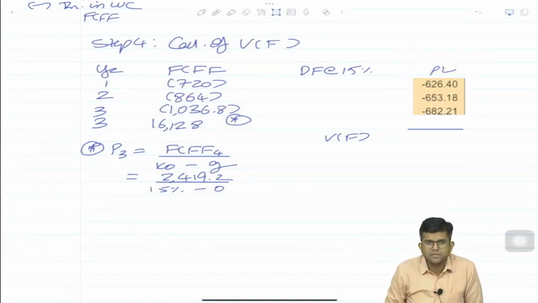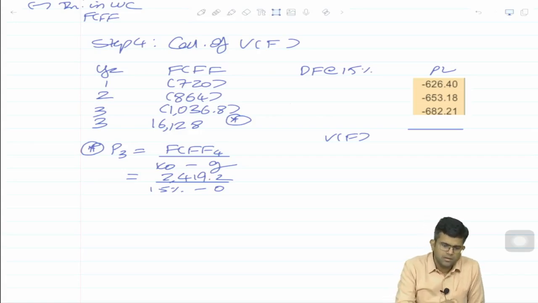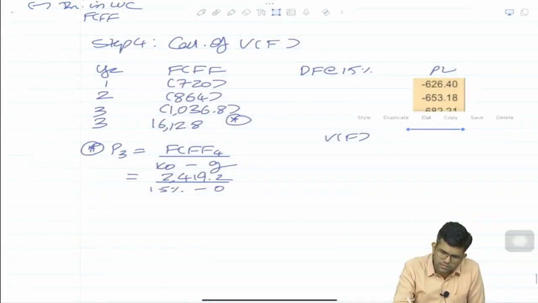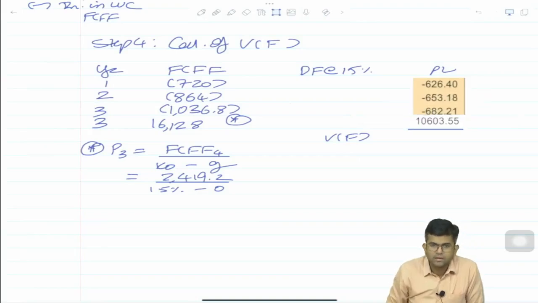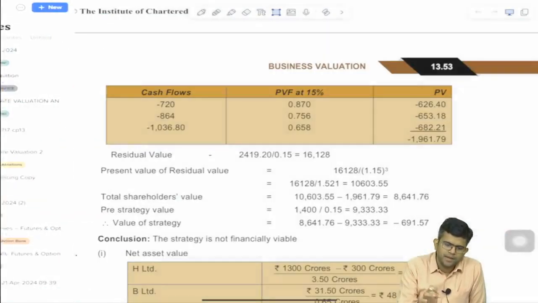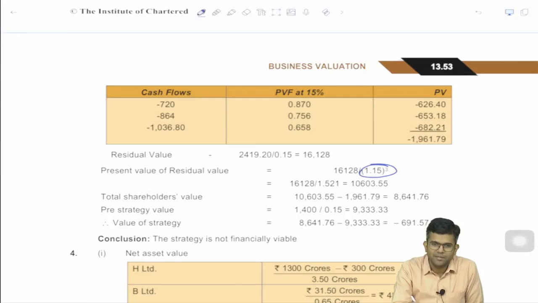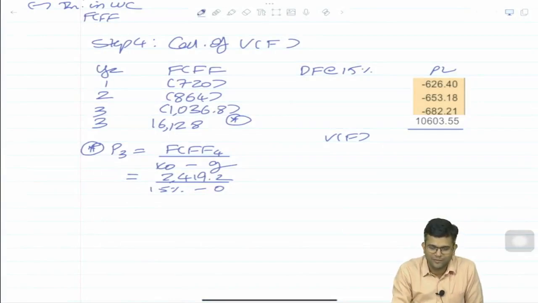Just check, are you getting these numbers? And the fourth number according to ICAI is this. Check. I think in the fourth number they did not take 3 decimals, they took all decimals. They directly divided by the compounding factor. That is the reason why. Understood, no? Somewhere rounding off, somewhere no rounding off. Like that they have done.